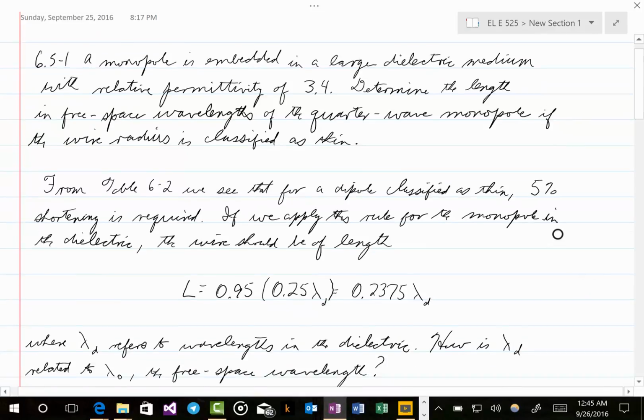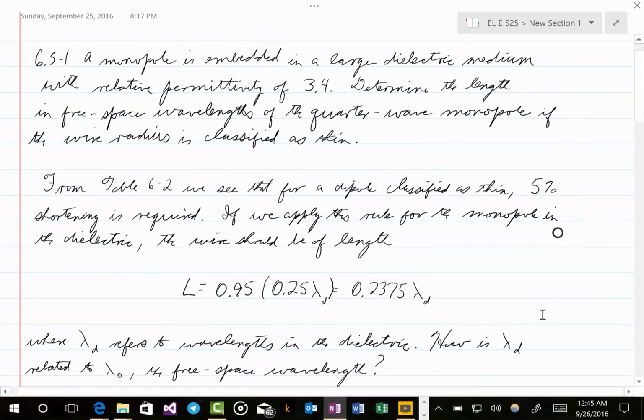So the first thing we need to do for this problem is to see what they mean about the wire radius being classified as thin. And the answer to that is in table 6-2. In 6-2, you see wire radii classified as very thin, thin, and thick.